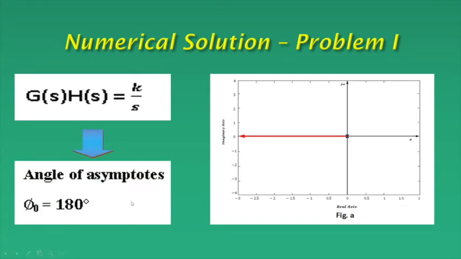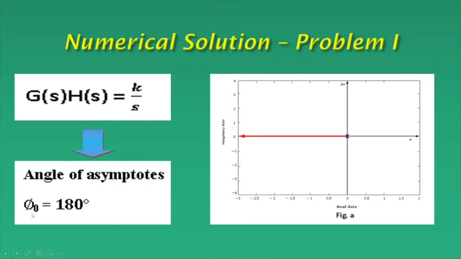Then find the angle of asymptote. We know that the formula of the angle of asymptote is equal to (2q plus 1) into 180 divided by p minus z. The number of poles is 1 and there is no zero. So p minus z equal to 1. That means the number of asymptotes is 1.